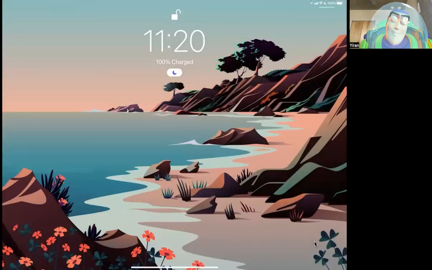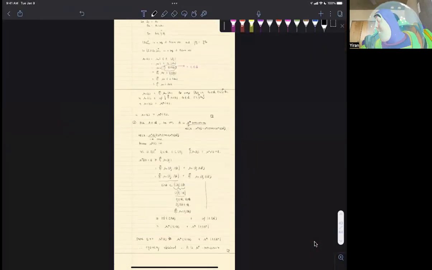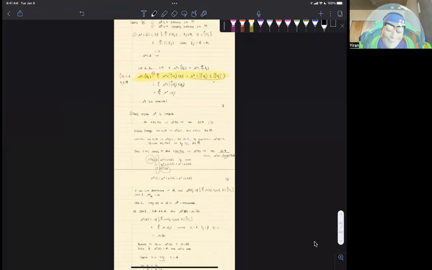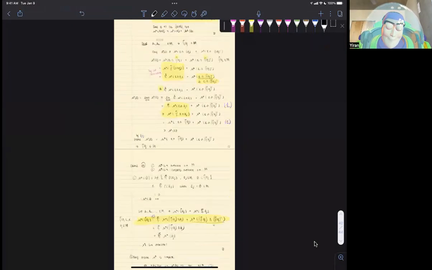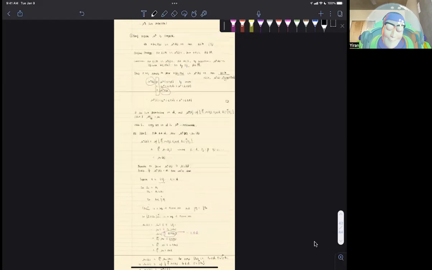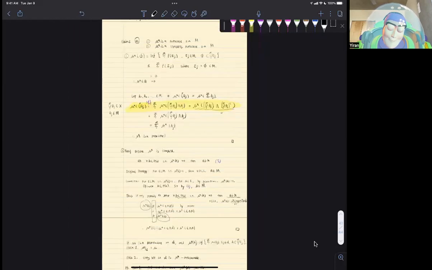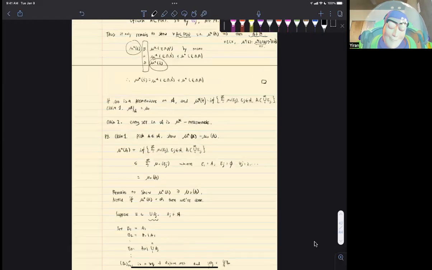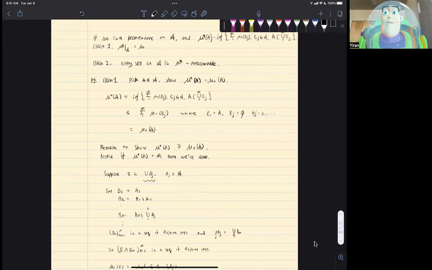To prove the first one, we want to show that mu star restricted to the algebra coincides with mu naught, right?